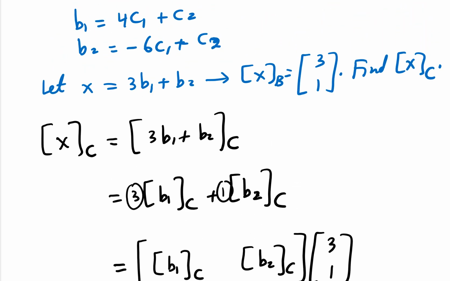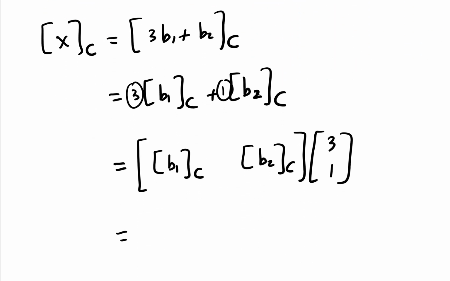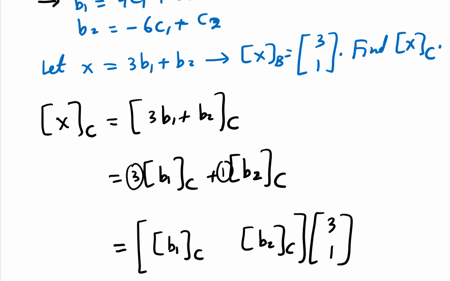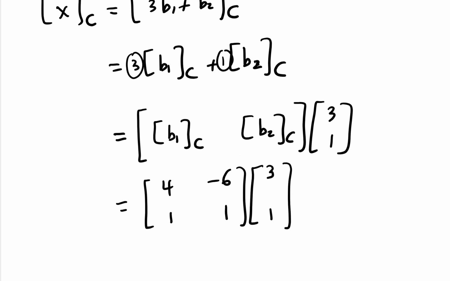What is b1? b1 is 4c1 plus c2, up here. So we can write it as 4, 1. And b2 is given as negative 6c1 plus c2. We're going to multiply this by 3, 1. How do you multiply matrices?